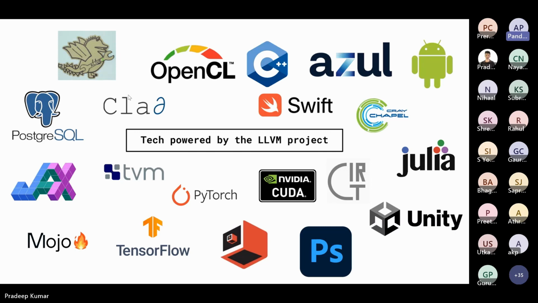TensorFlow and PyTorch also make use of LLVM. So there is this interesting space of using machine learning in compilers and using compiler-based technologies in machine learning. It's a very hot topic, and there's a lot of research being done in this area.